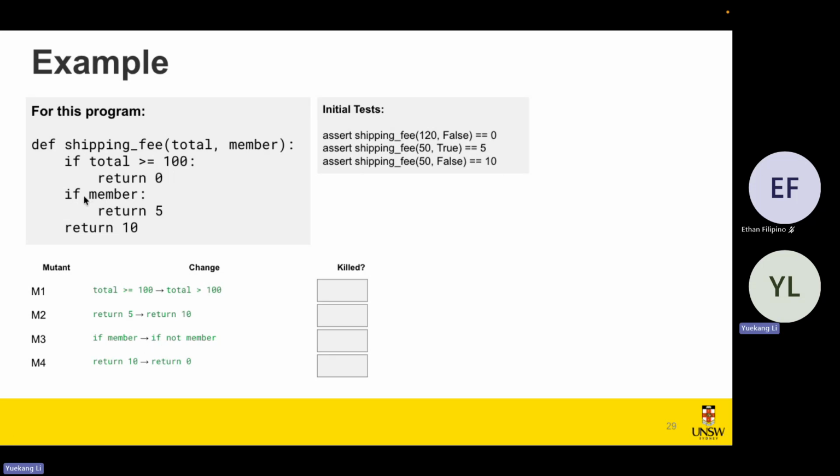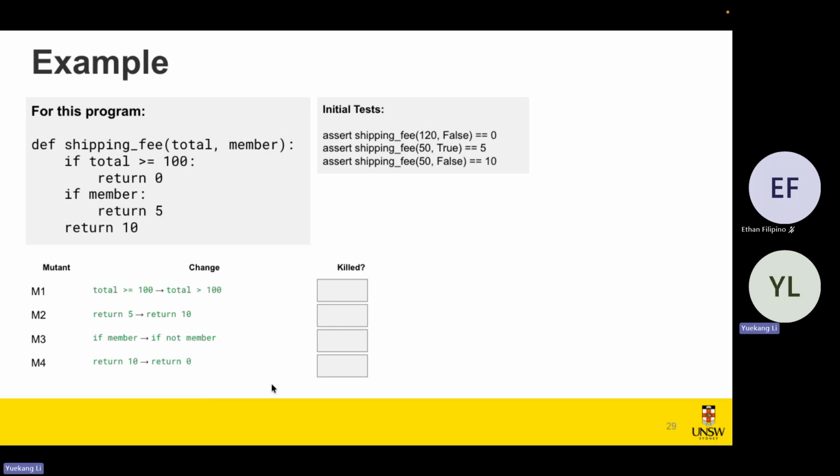So instead of checking if it is a member, we check if the person is not a member. So this is a very likely type of bug. And for the last one, instead of returning 10, let's try to return 0. So this is also a constant replacing mutant.